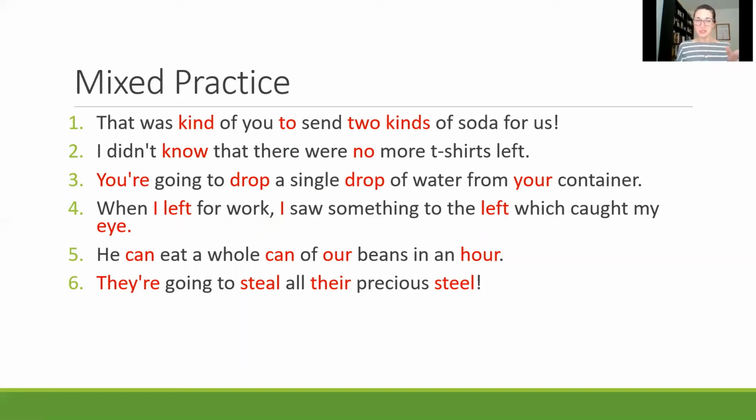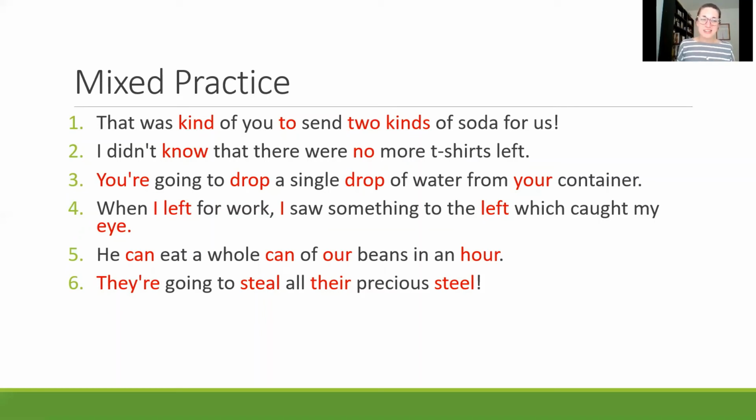So your and you're, we see Y-O-U-R, and Y-O-U apostrophe R-E, which is you are. And at the end, we see your container. The container belongs to you. It's possessive. For drop, we see to drop, right? Like an item that you drop. Or we could see a single drop, like a little bit of water that comes out.